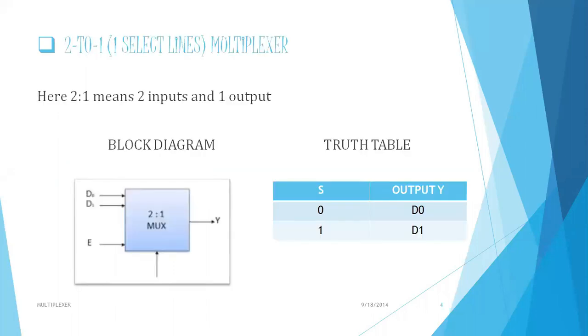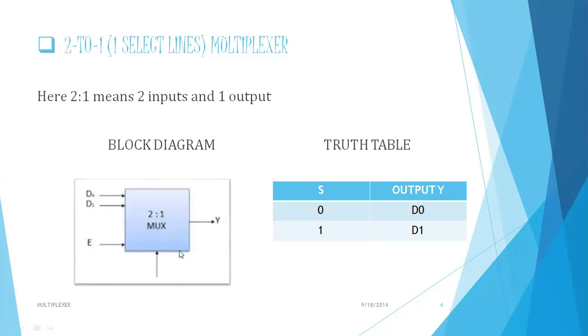Then this is the 2 to 1 multiplexer. This is its block diagram. In the block diagram, a 2 to 1 multiplexer means we pass two inputs and it will produce only one output. Here S is the selection line. Here we have an enable input to enable this multiplexer.